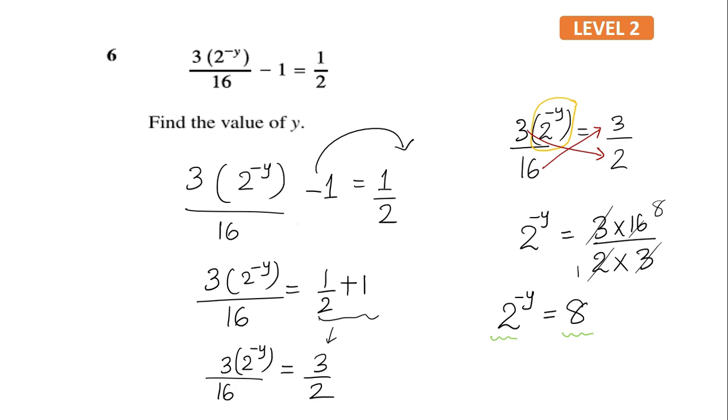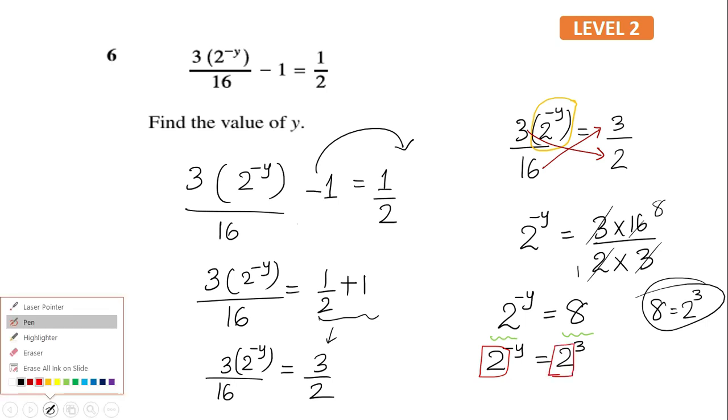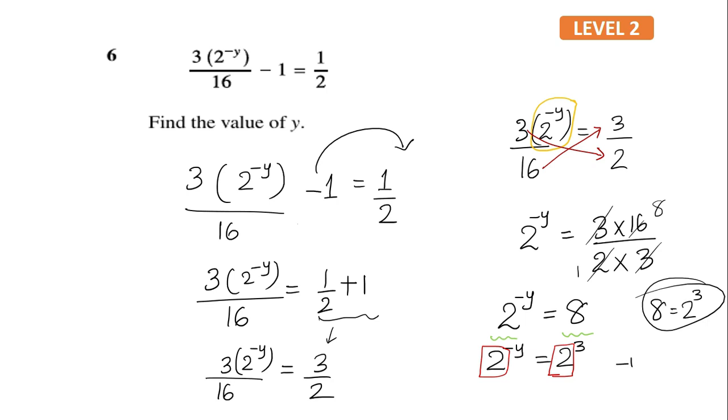So in order to equate the power, I will write 8 as 2 to the power 3. So I have 2 to the power minus y is equal to 2 to the power 3. Now I have the same base, which means the powers can be equated. So minus y equals 3, which means y equals negative 3.